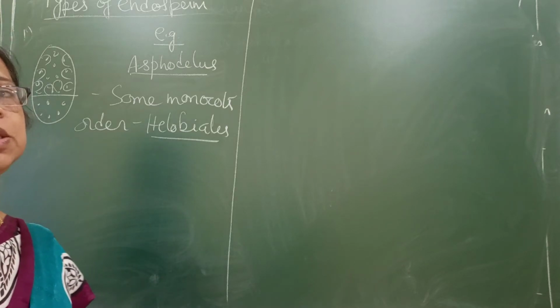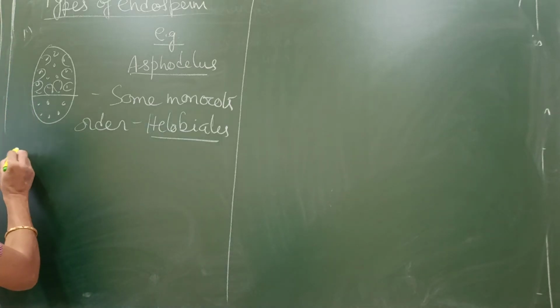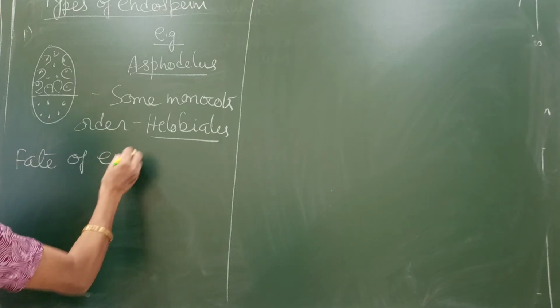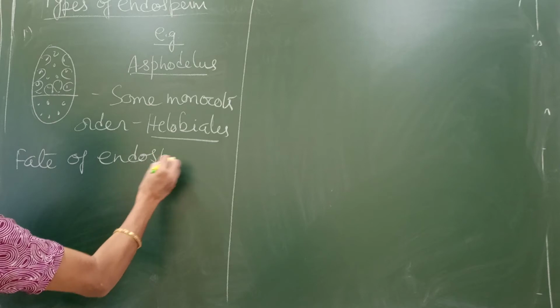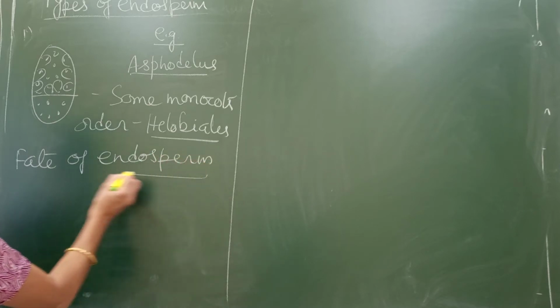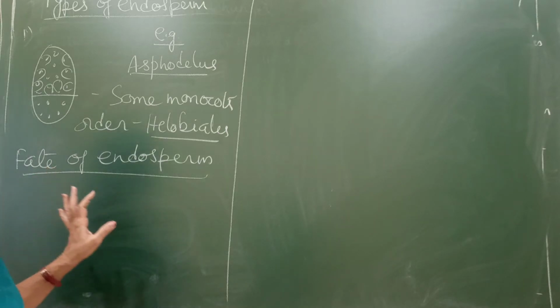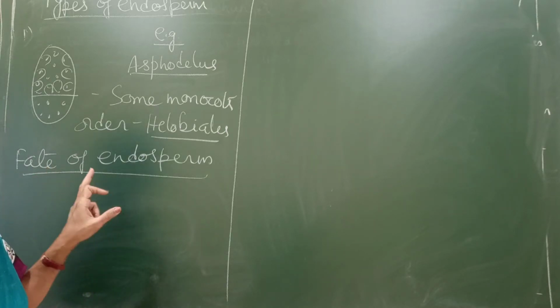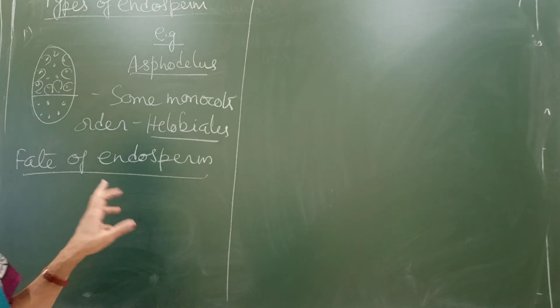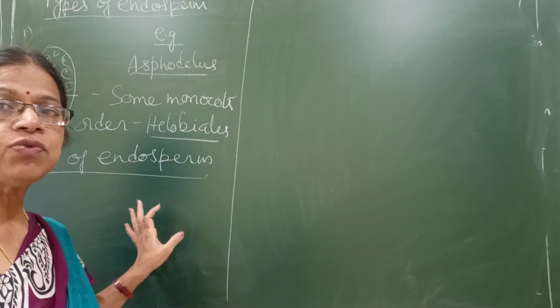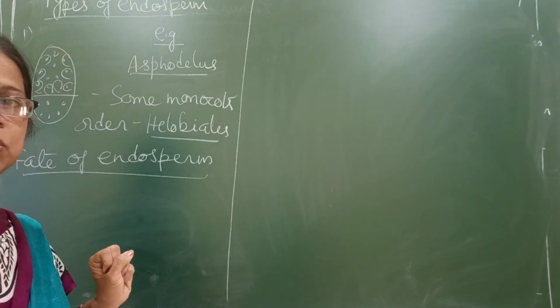Now we will continue with the fate of endosperm. That means what happens to endosperm after it is formed. It is consumed by the developing embryo. We know that the endosperm is formed for the embryo, for consumption by the embryo.